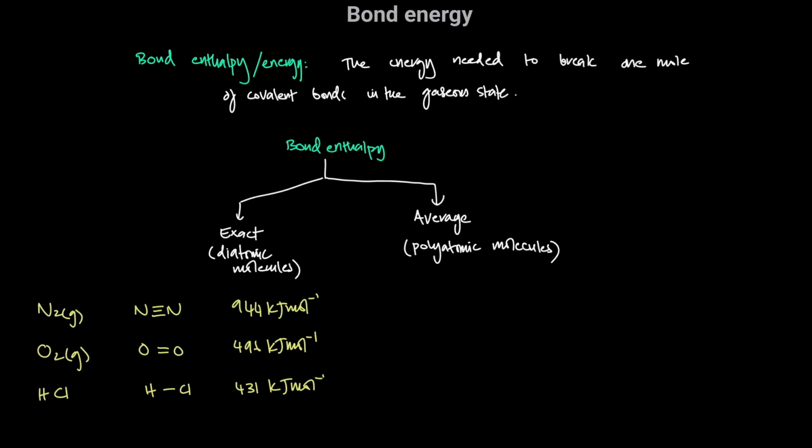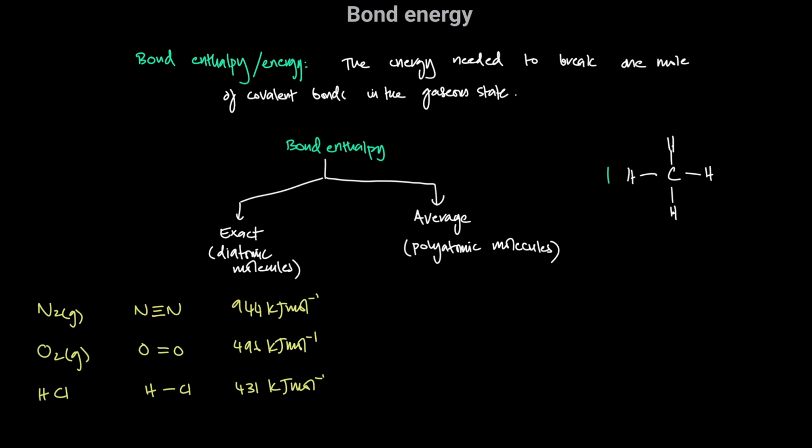So for example, let's say that I have 1 mole of methane. Now we have 4 C-H bonds in methane, and if you want to figure out the bond enthalpy of the C-H bond, we're going to break the first bond, the second bond, the third bond, and the fourth bond.